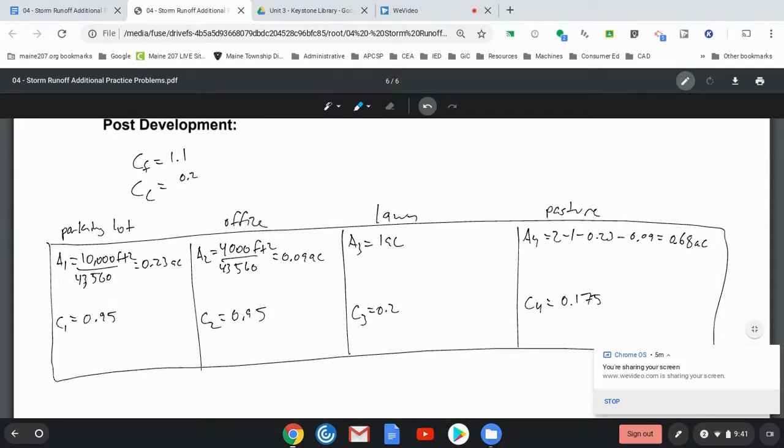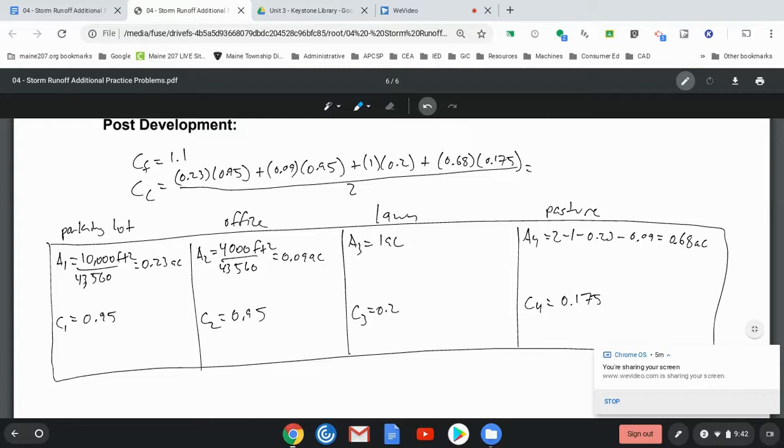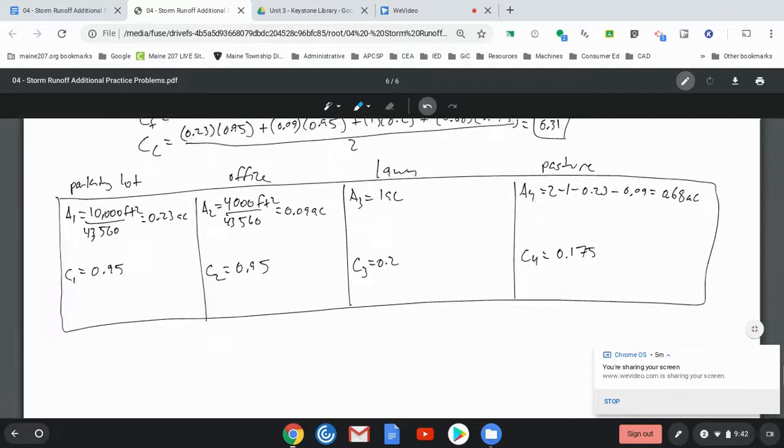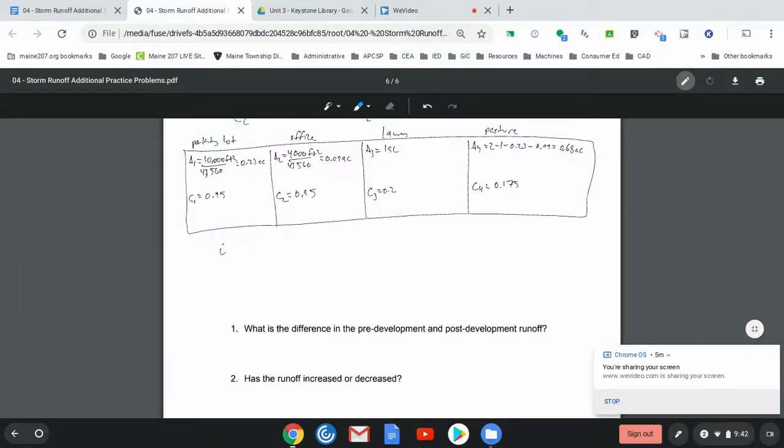All right, so now we have all of our areas and our coefficients. So it's 0.23 times 0.95 plus 0.09 times 0.95 plus 1 times 0.2 plus 0.68 times 0.175. All that divided by the total area, which still is 2. And you do that, and you should get 0.31. So that's our composite runoff coefficient. I is still the same as it was before.